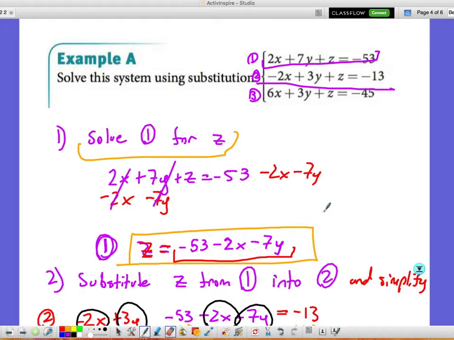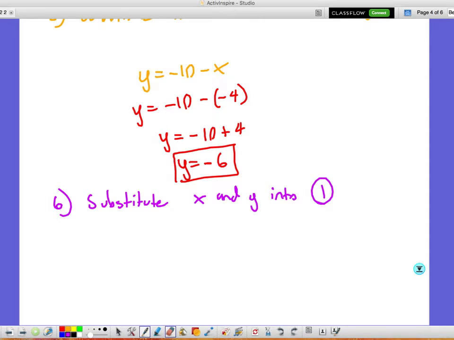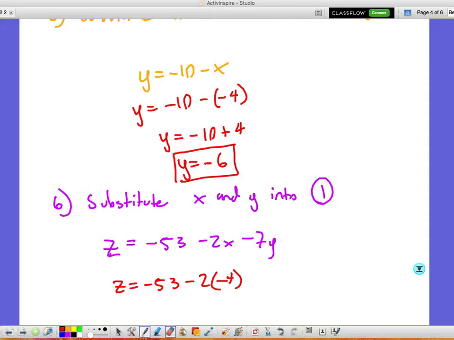So z is equal to negative 53 minus 2x minus 7y. So z is equal to minus 53 minus 2 times negative 4, and then minus 7 times negative 6.